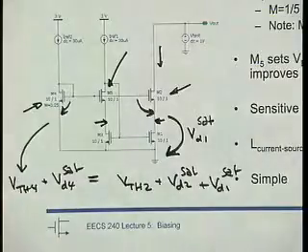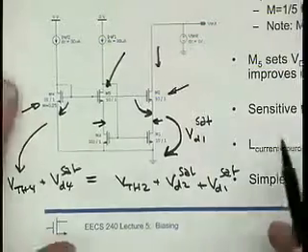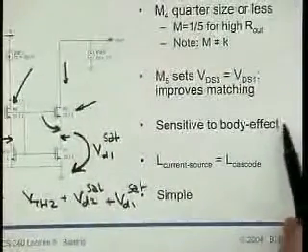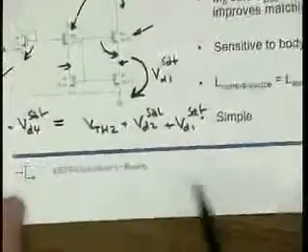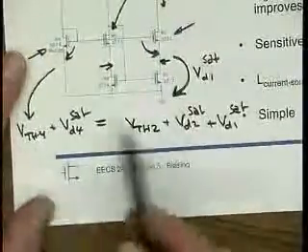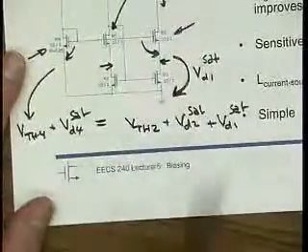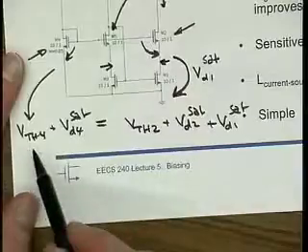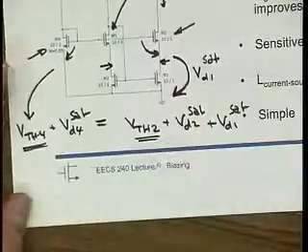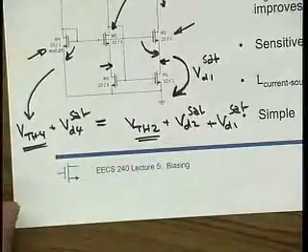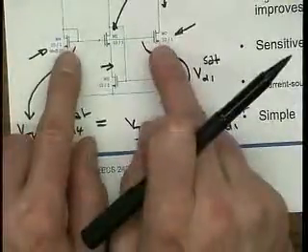One last thing, one more thing that I want to say is that this circuit is sensitive to the body effect. Why? Well, because when we set these two equations equal, we not only relied on all the VDSATs being equal, but we also relied on the threshold voltages being equal, in particular the threshold voltage of these two transistors.